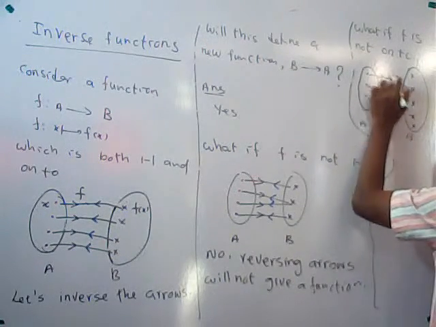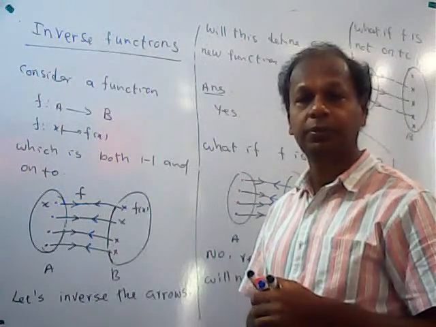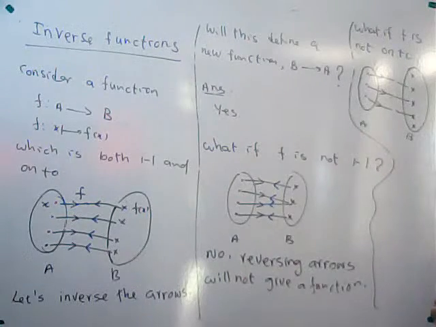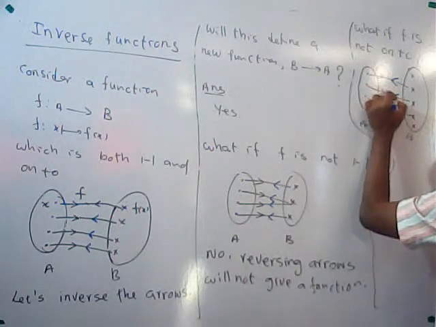If the original function looks like this, not onto, you reverse the arrows, will it define a function back from B to A?